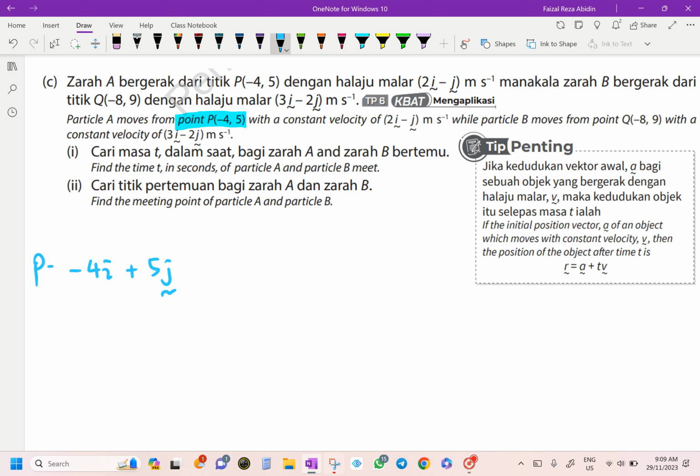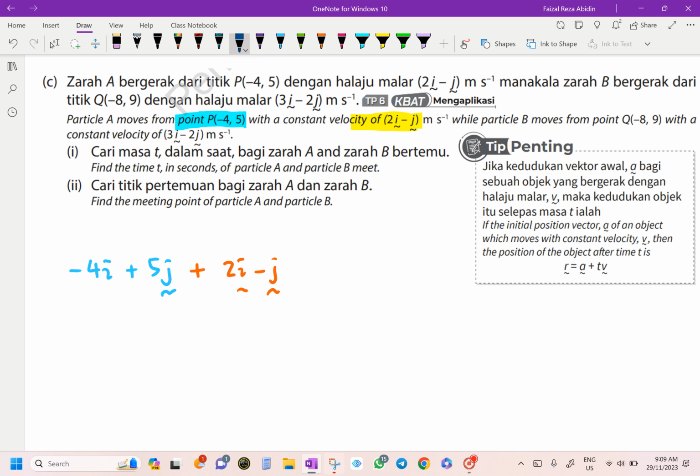Then the velocity given here is 2i minus j. So we are going to add. Why add? Velocity, like the river and the boat just now. So we have 2i minus j here, so we can find particle A.